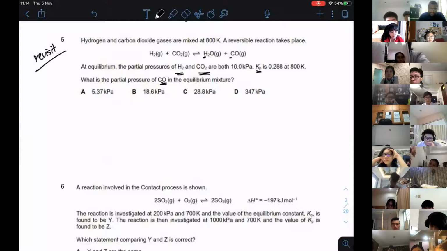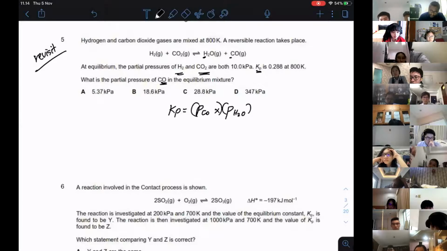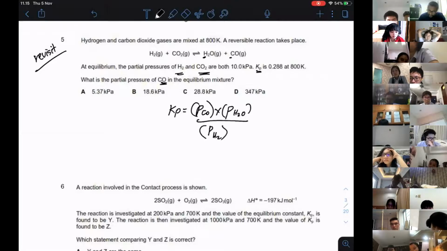They want you to find only CO. The question is, how about H2O? If you still haven't reached that, I will write down the equation. Kp is partial pressure of CO times partial pressure of H2O divided by partial pressure of H2 times partial pressure of CO2.